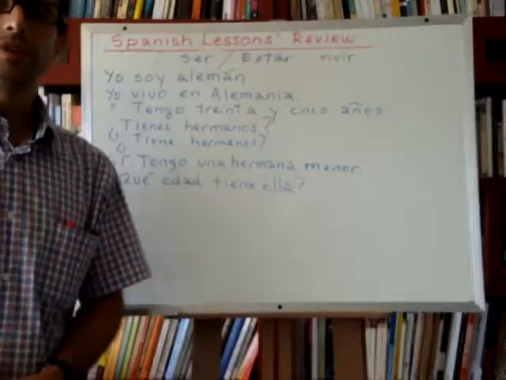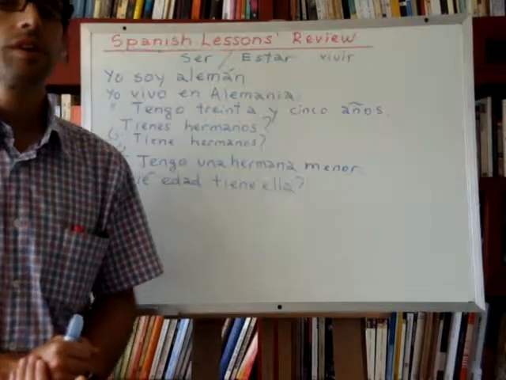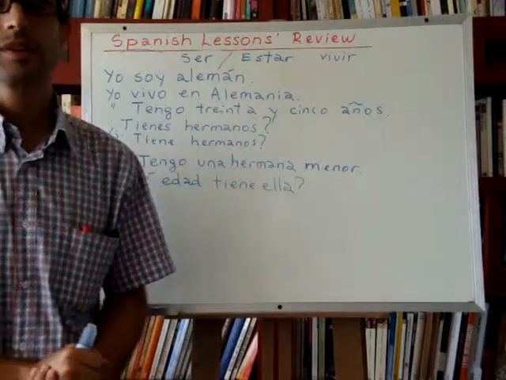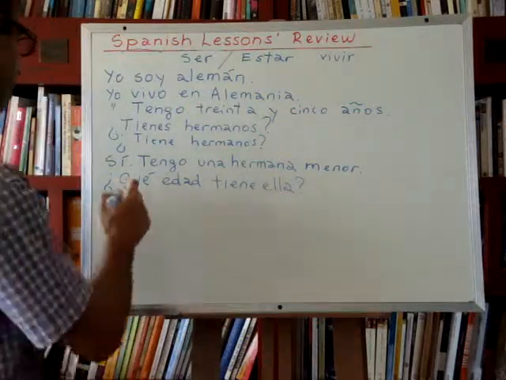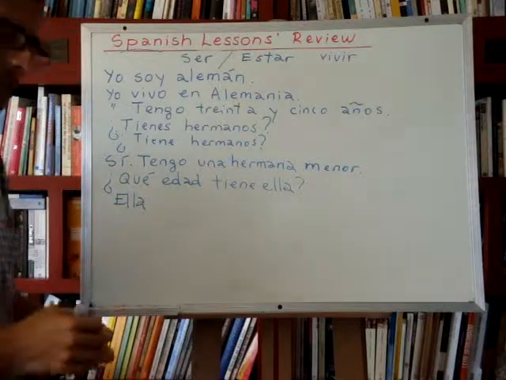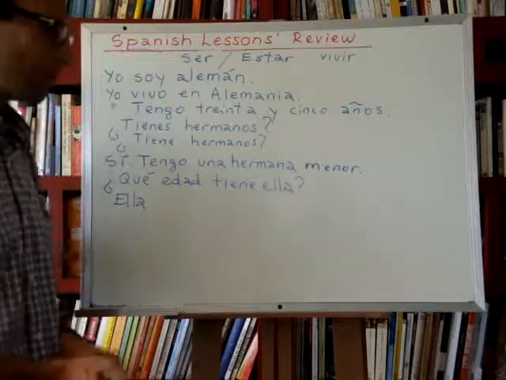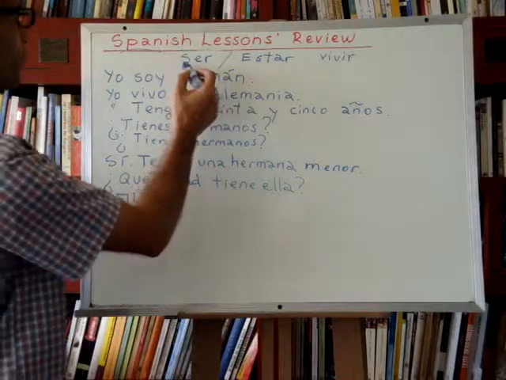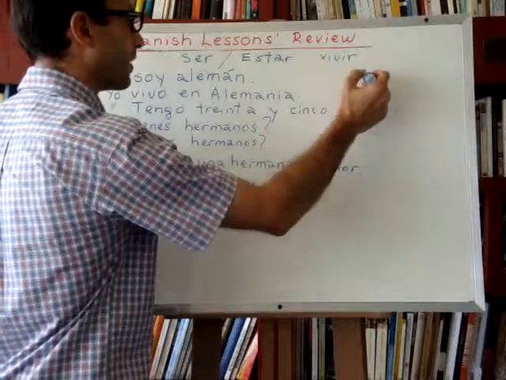So we would say she is 20 years old. What is the word for 20 in Spanish? We would say ella, she is 20 years old. So in Spanish, we do not use the verb to be. We use the verb to have, which is tener, right?